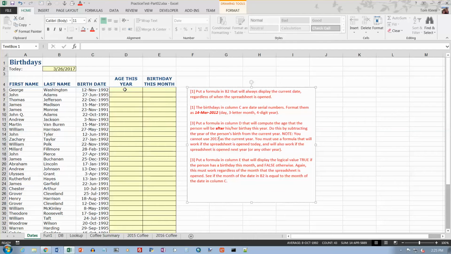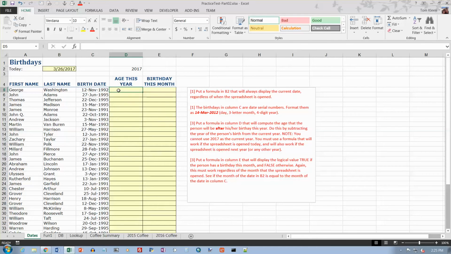Okay. So what I want is to compute the year. Now actually, if you'd rather do this in 2 steps, let's do it in 2 steps. We'll do equals year, and then I want the year of whatever it is today. So that'll give me 2017 if I type year of B2. And then I can use that and subtract the year of this.